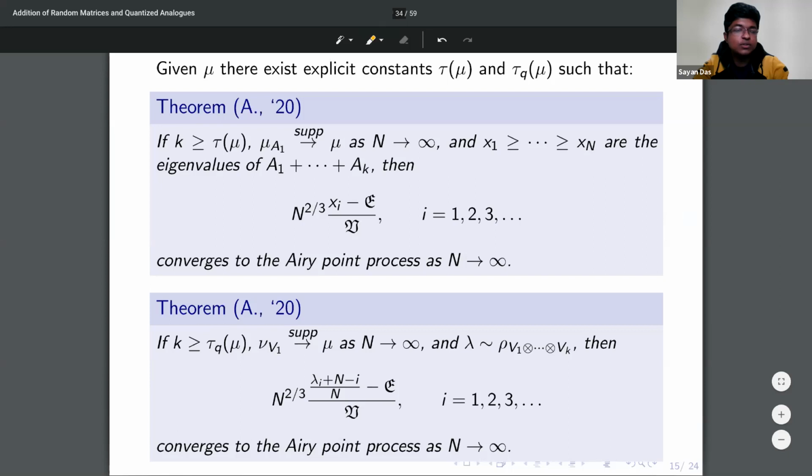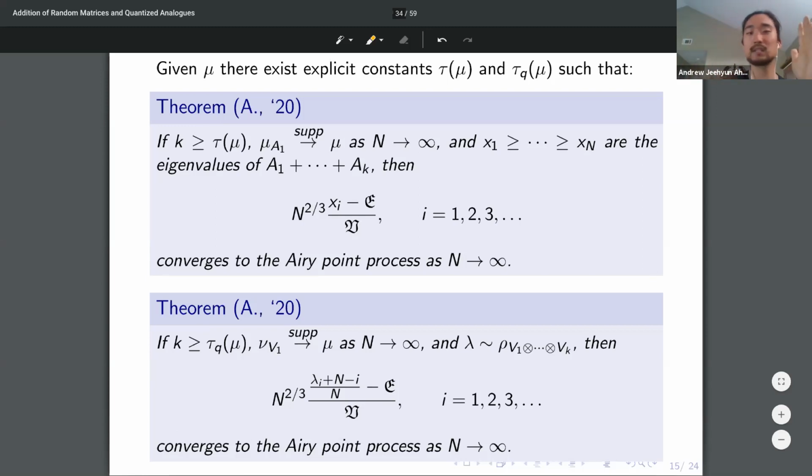Why do you need the thresholds? Because if mu is a highly pathological limiting measure, you shouldn't expect there to be the Airy point process. So if k is, say, small. For example, if mu is something like a Rademacher distribution, with mass 1/2 at -1 and 1/2 at 1, then when you take k equals 2, if you take the sum A1 plus A2, the limiting distribution is the arcsine law.